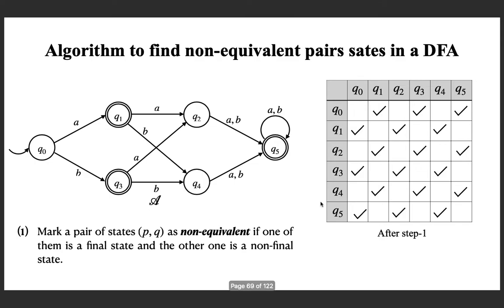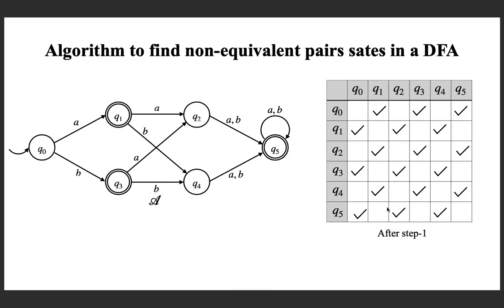So you will get all these marked. If you want, you can verify. Why is it that Q4 Q1 is marked? Because Q1 is final and Q4 is non-final. Maybe you look at this as well. Why is Q1 Q2 marked? Because Q1 is final and Q2 is non-final. So every such pair is marked by the first step.